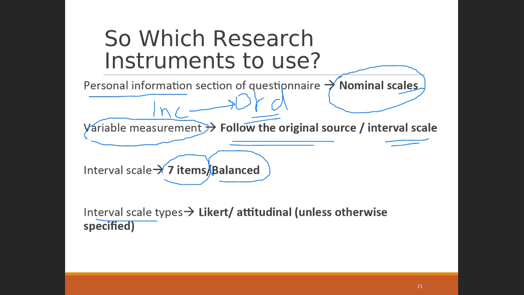About the particular types of interval scale, you can either use the Likert scale or attitudinal scales like the numerical scale or staple scale. But you have to see how the researchers who developed the scale have used it. So you need to see the original source as well.